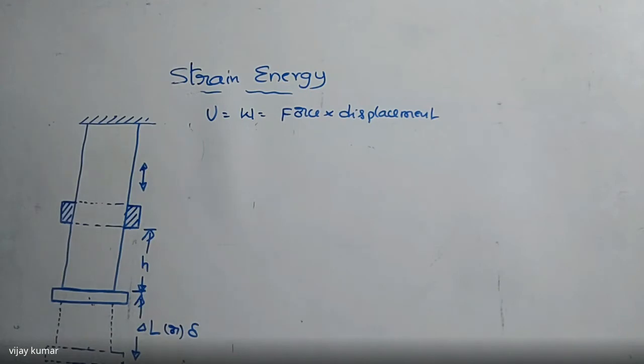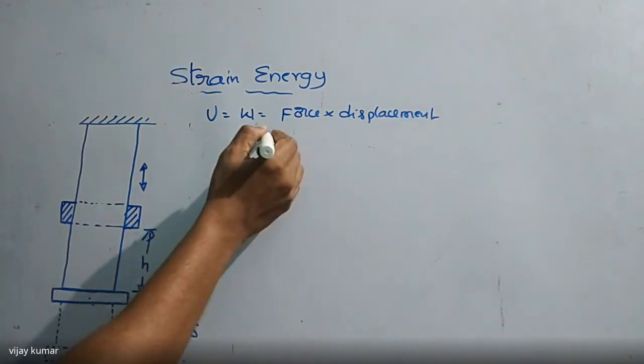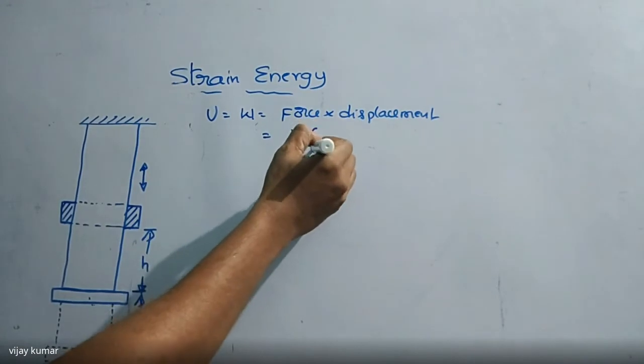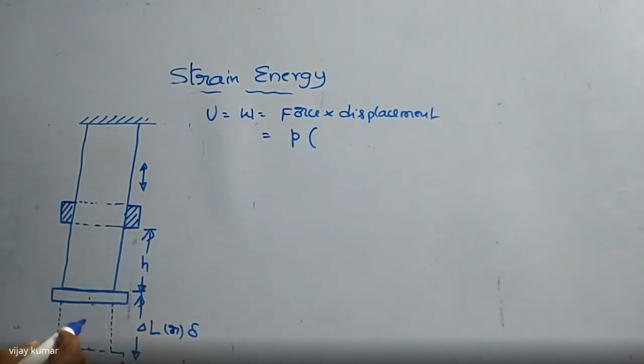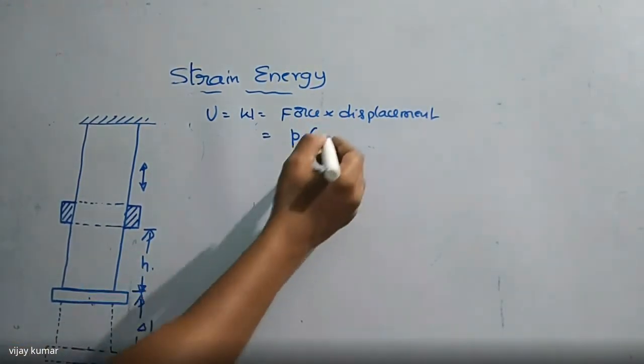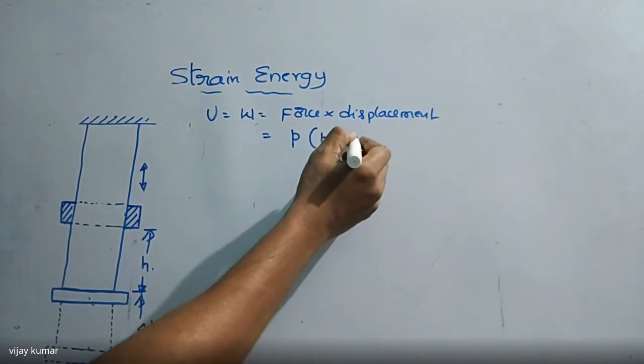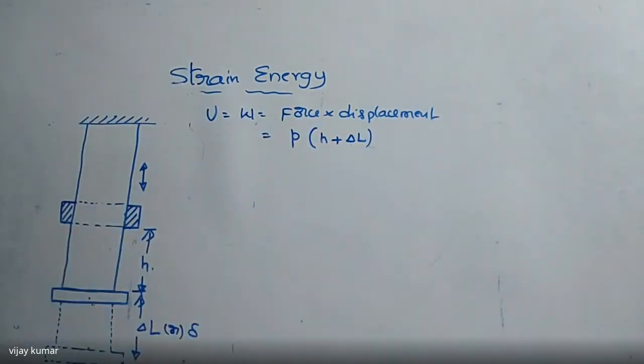Force is nothing but P. Displacement is the total displacement, h plus delta L. Here, if you release this weight, which type of energy is contained by this weight? This weight has potential energy.